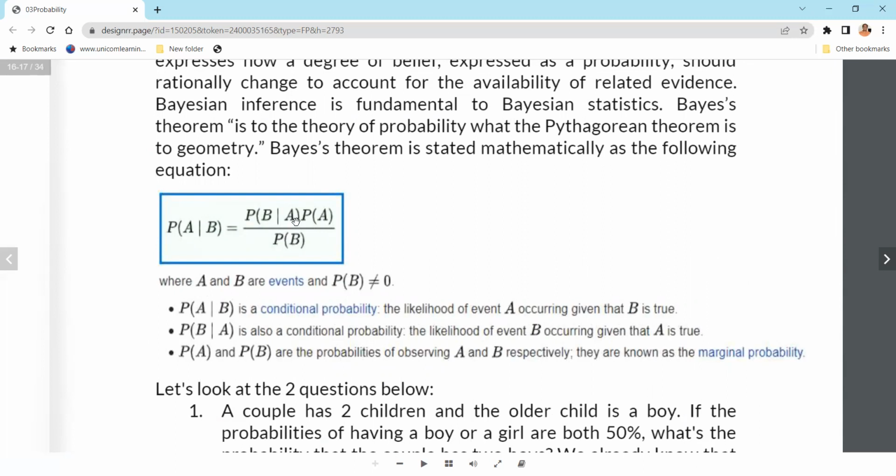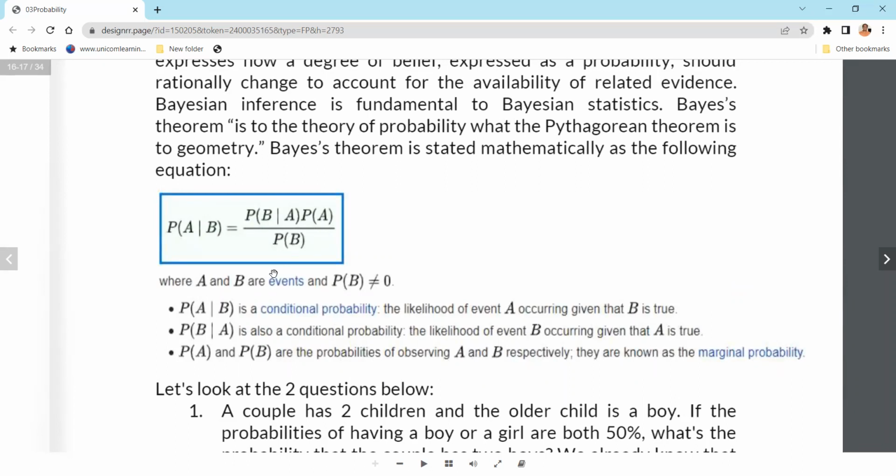P of B given A means the probability of B occurring when A is given. P of A given B equals P of B given A into P of A by P of B. That's what we call conditional probability or Bayesian statistics. Bayesian probability is when you have a given.